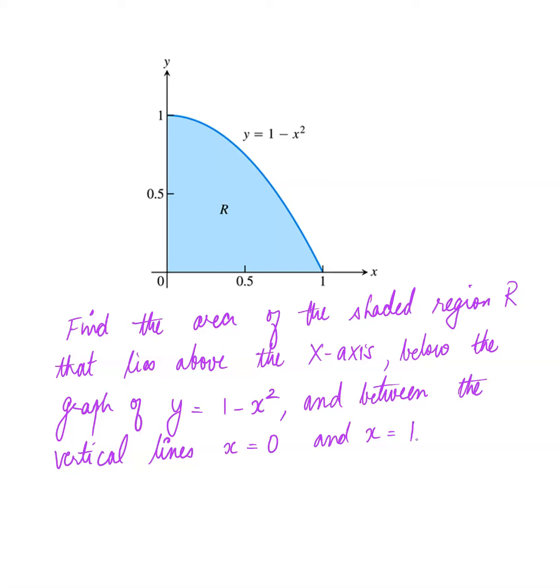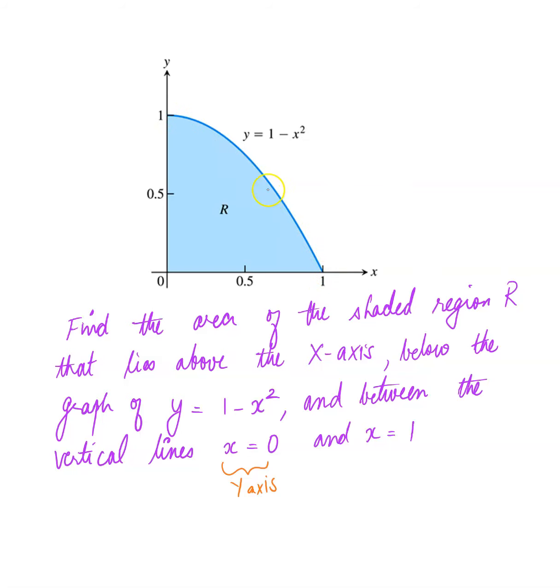If I didn't give you the graph and if I just gave you this description, if you followed the description, you would end up with this graph, right? Because x equals 0 is nothing but your y-axis. Or you can see it as a vertical line as indicated here, which is x equals 0, and then you have another vertical line, x equals 1, so there will be a vertical line here.